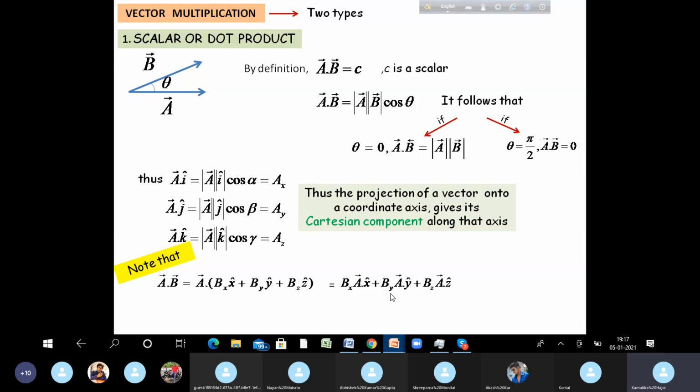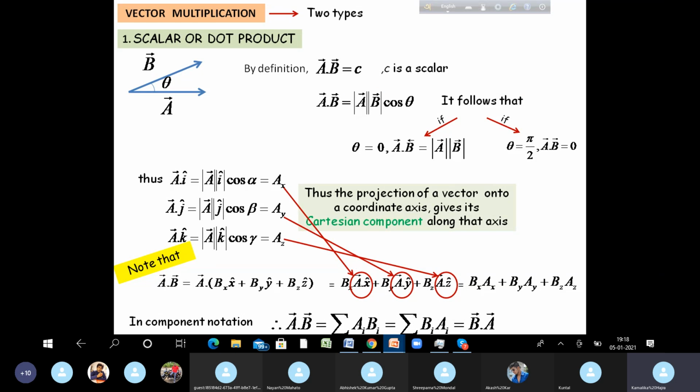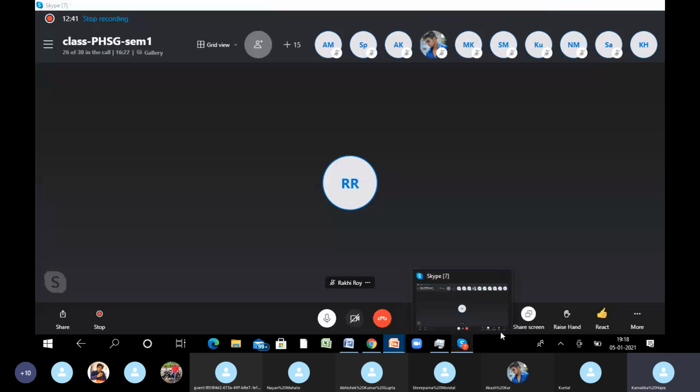But we know that A dot x cap is Ax, the x component of A, A dot y cap is Ay, the y component of A, and A dot z cap is Az, the z component of A. So in place of A dot x cap, A dot y cap and A dot z cap, we can write Ax, Ay and Az. So this expression becomes BxAx plus ByAy plus BzAz. So in component notation, the dot product is the sum of the products of the individual components.